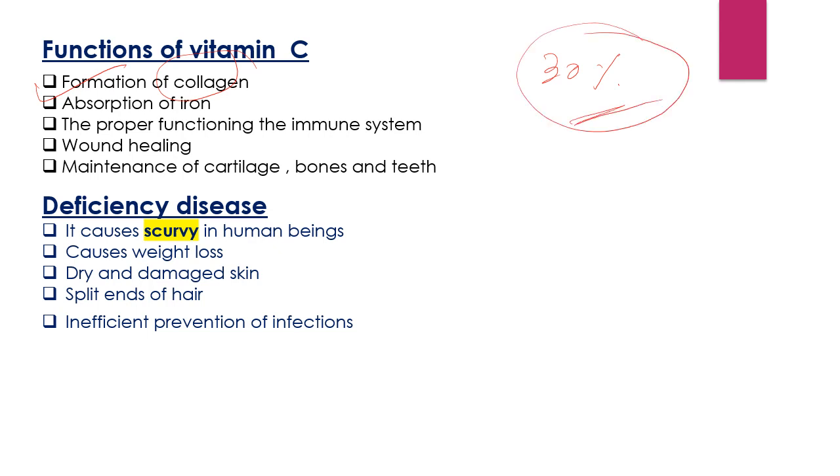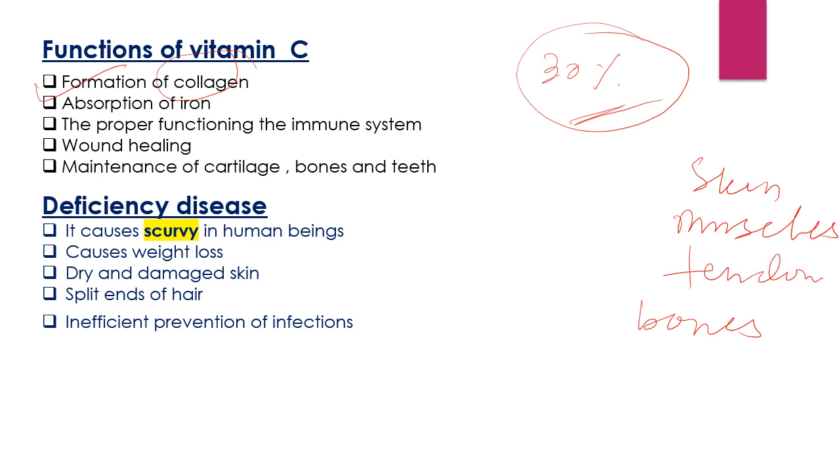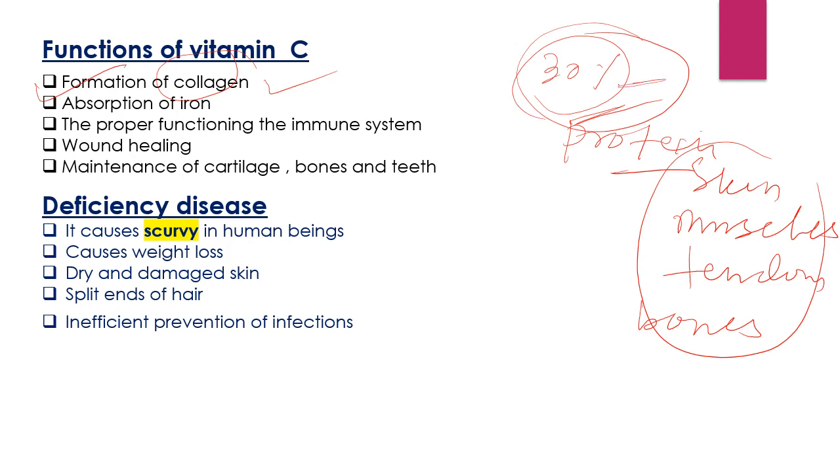That is the primary building block of our body: skin, muscles, tendons, etc. So collagen is a fiber, a protein that is most abundantly found in our body, almost 30% of the entire proteins.